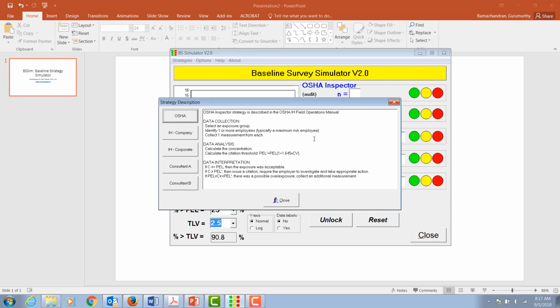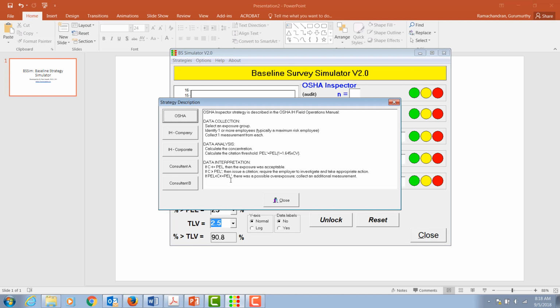So in fact, the error around the PEL is just the 95th percentile of the coefficient of variance of the analytical error. And so if the concentration that has been measured is less than the PEL, then the exposure is considered acceptable.